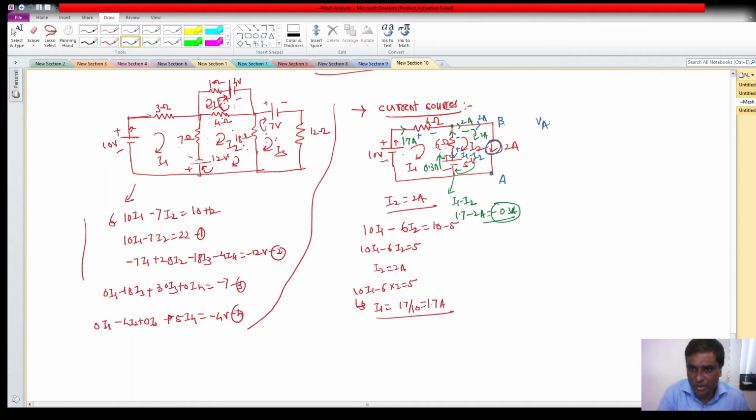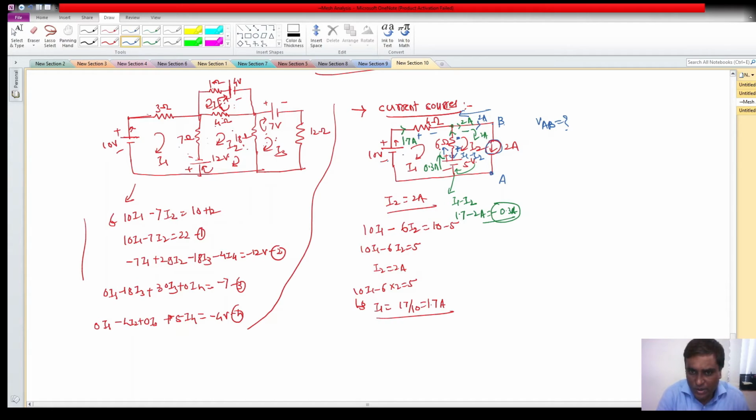So suppose VAB I would like to find out. We know to find out the potential, I should go from terminal B to A. So if I am going in any path, from this to this, I observe that VAB will be like this plus this. Here there will be a voltage rise, because our resultant current direction is like this, and this will be positive, this will be negative.